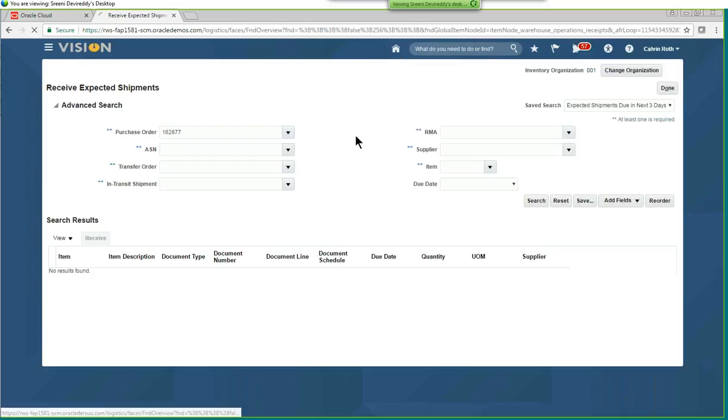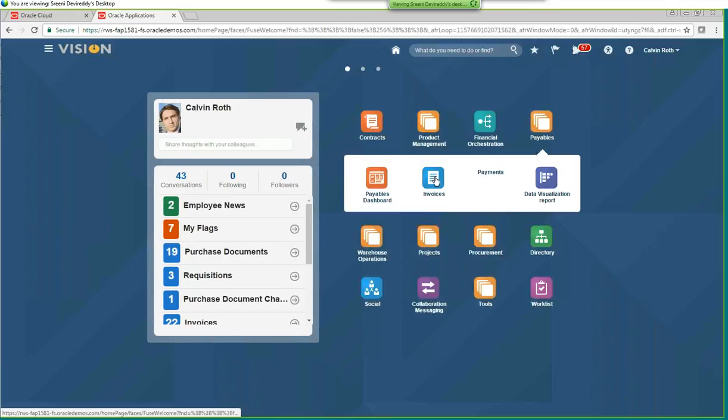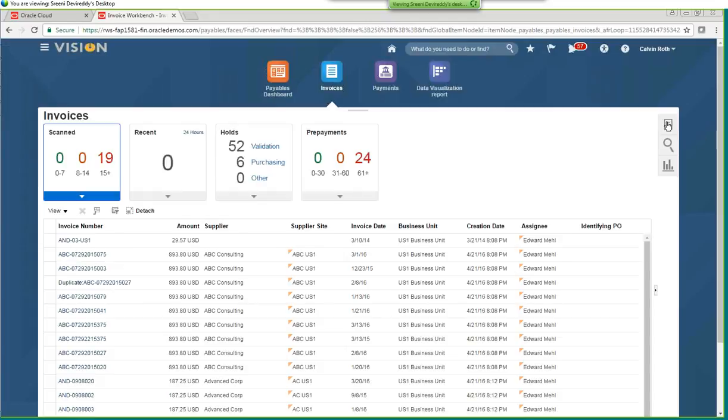So I need to go to payables. Payables and invoices. I'm going to match it to a PO.